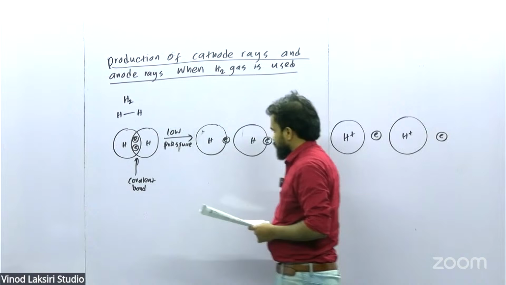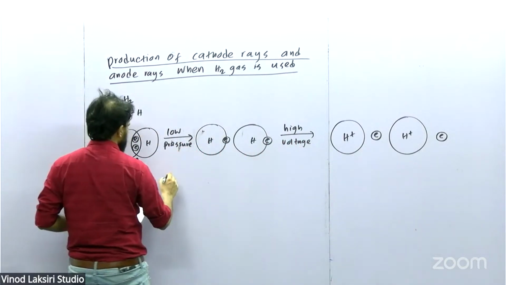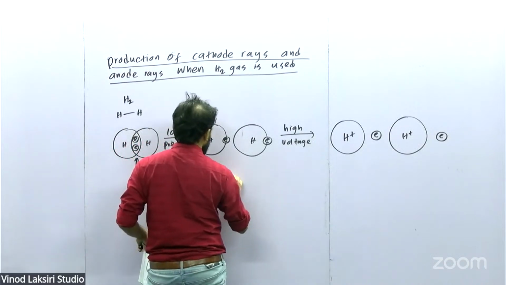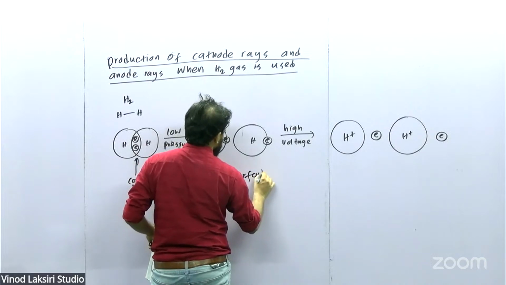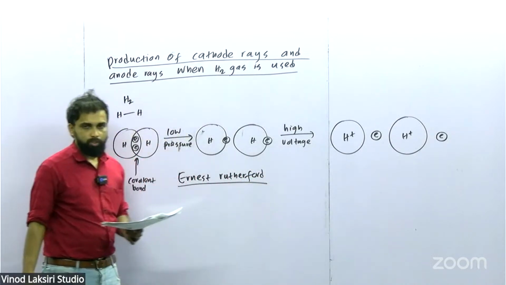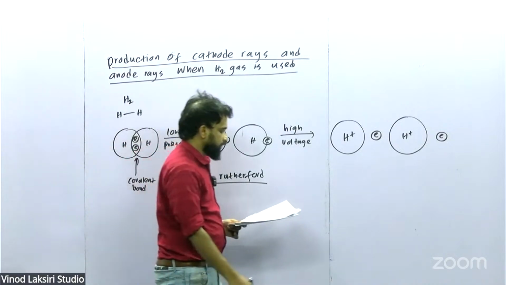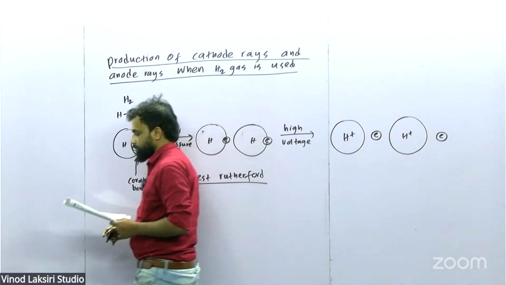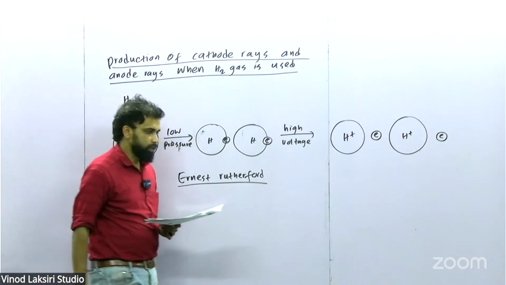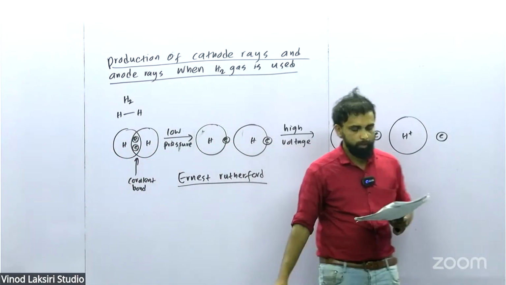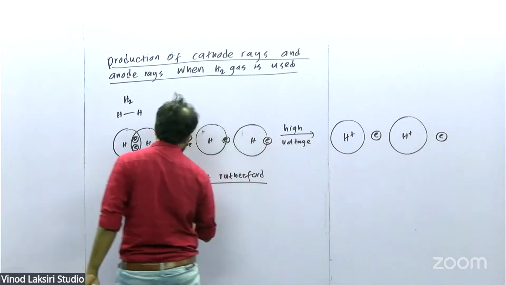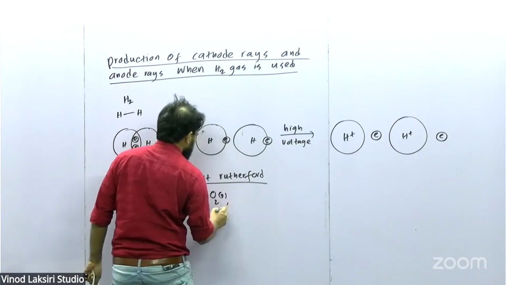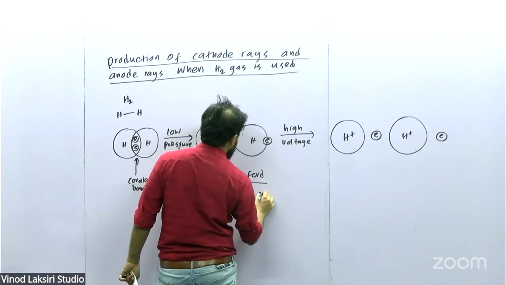So next one, the scientist Ernest Rutherford, right? Ernest Rutherford repeated this positive ray experiment, otherwise the canal ray experiment, similar to J.J. Thomson, by using different types of gases: H2 gas, O2 gas, N2 gas, chlorine gas, like this.